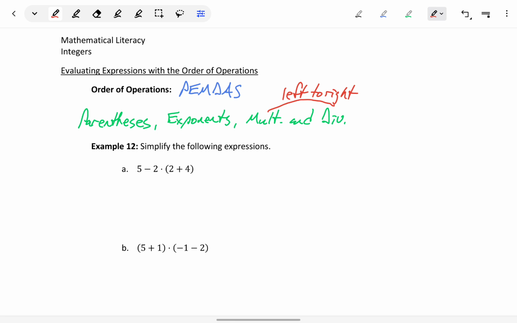That is, we don't take care of all of the multiplication and then go back and do the division. Multiplication and division are simultaneous from left to right. And then similarly, addition and subtraction happen from left to right simultaneously.